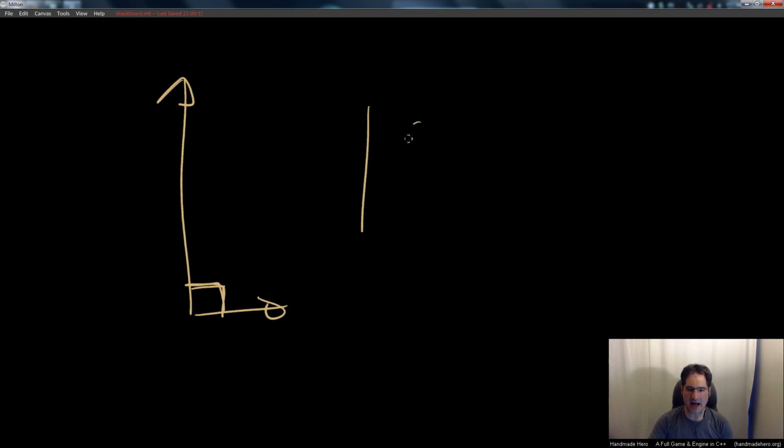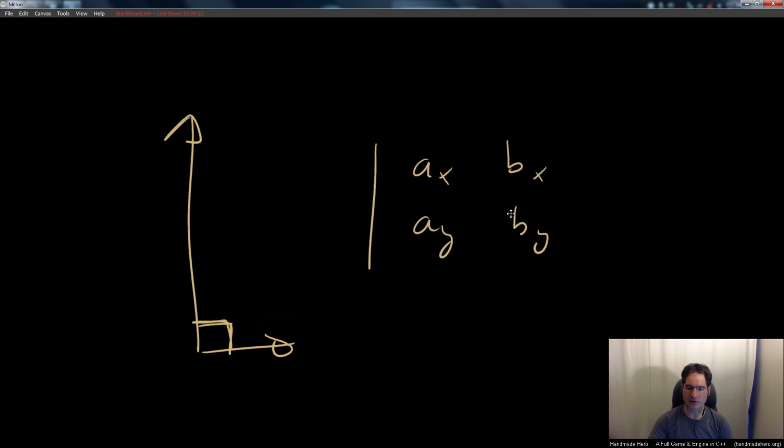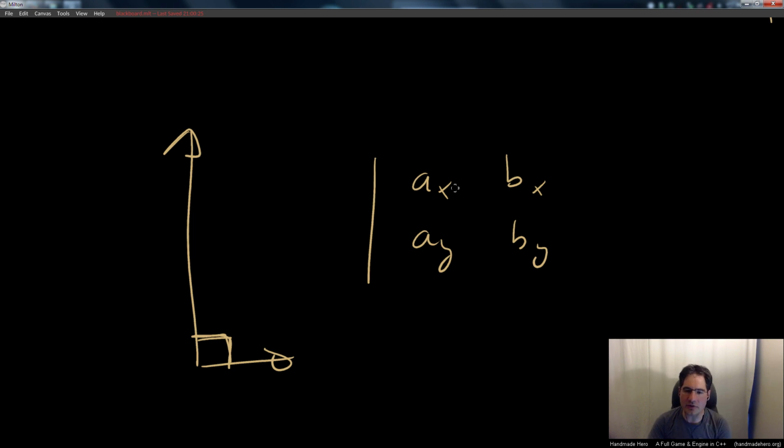If I've got an AX, AY, BX, BY matrix, and I know these things are scaled, so A has a scale on it, we'll call that M, and we'll call this one N. Now I've taken these vectors, and instead of them being orthonormal, they're still at 90 degrees to each other.